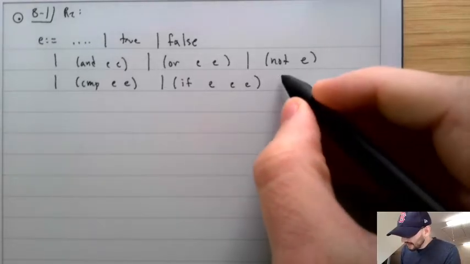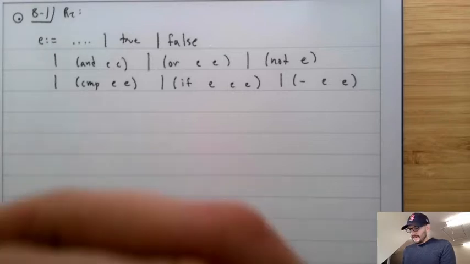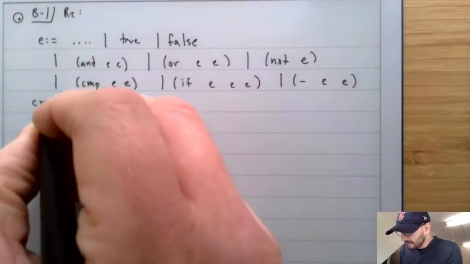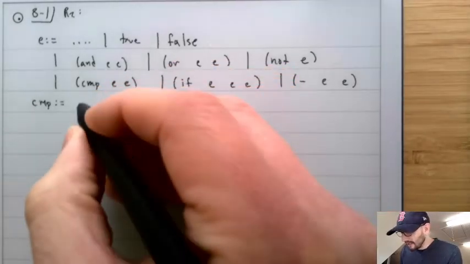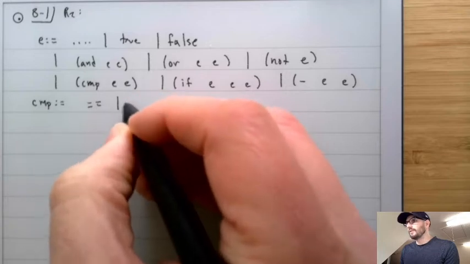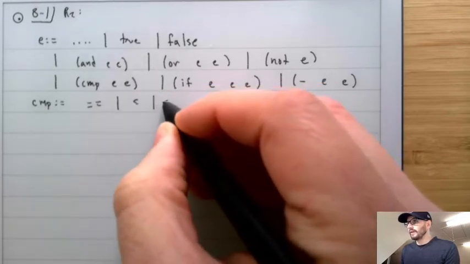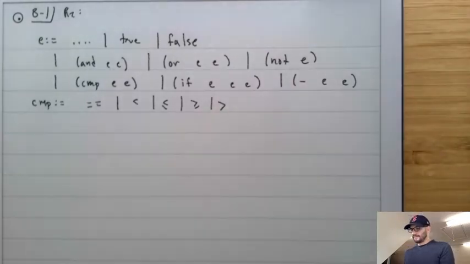And then finally, we're going to add subtraction. Now, the comparison operations are their own set of things, which are equality, less than or equal to, greater than or equal to, and greater than.